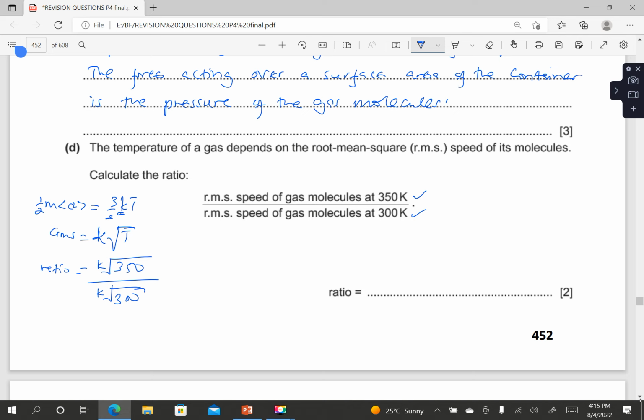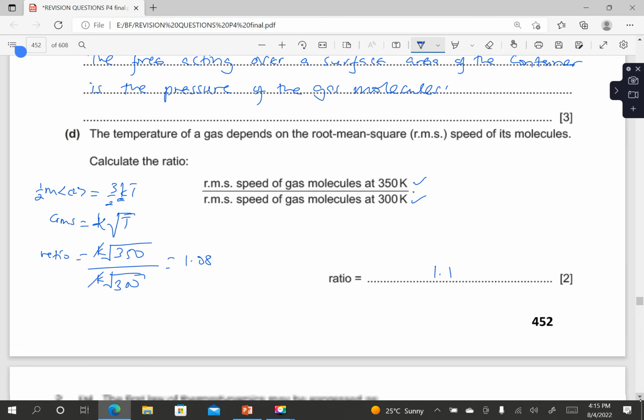When I press my calculator, the constant cancels when you divide the two equations. So you have the square root of 350 divided by 300. This is 1.08, which is approximately 1.1. That is a very easy question.